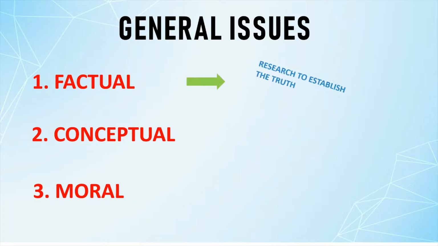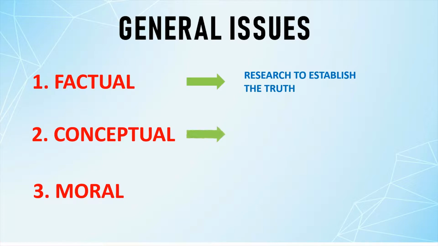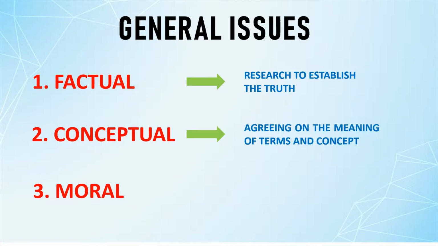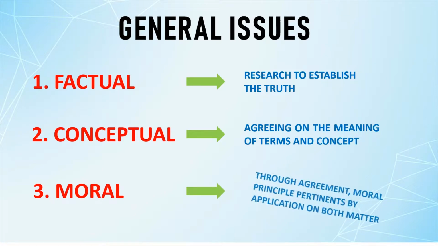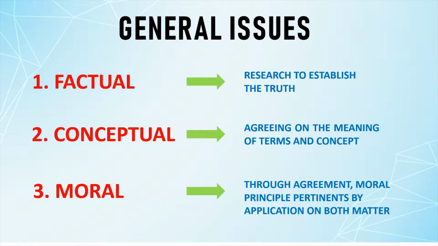The solution for the first issue is to do some research in order to establish the truth. For the second, the conceptual issues, it is to agree on the meaning of terms and concepts. Lastly, the moral issue is resolved by agreement on moral principles, their pertinence, and how they should be applied.